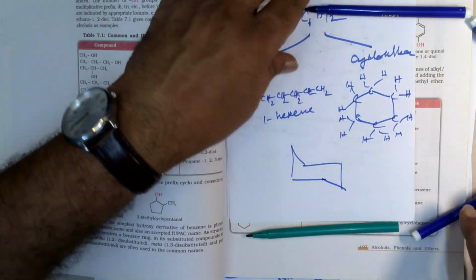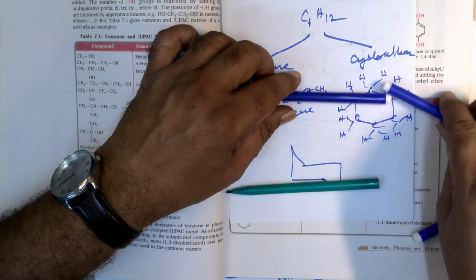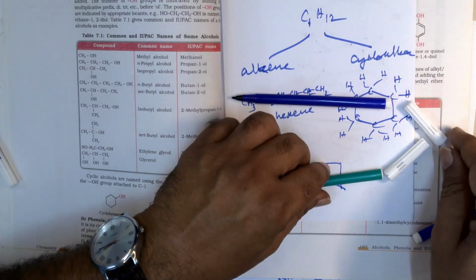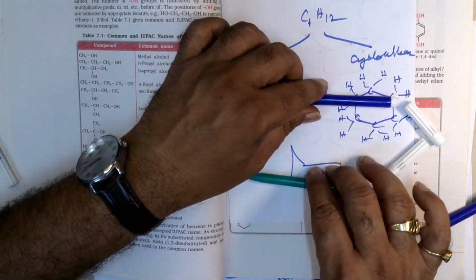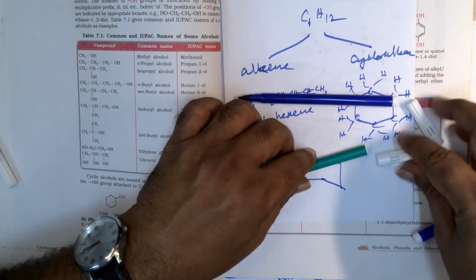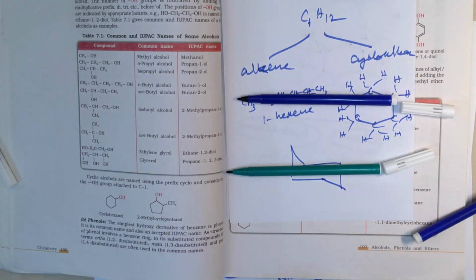Similarly, you've got this hexane pattern also. Let me take the smallest one. Okay, so this is a hexagon. Can you get me that molecular model? Take that.